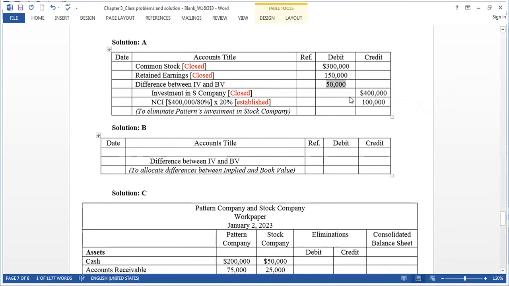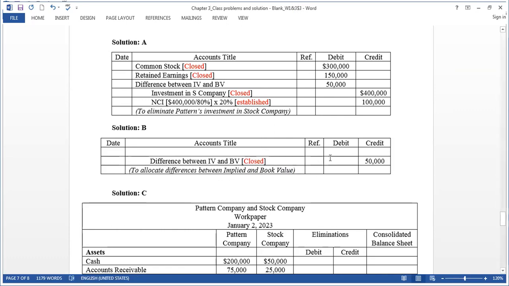So if you record it credit, what is the meaning? Meaning is we close the difference. Why do we close the difference? Because the question said don't keep the difference. If you have any difference, allocate it to the land account.